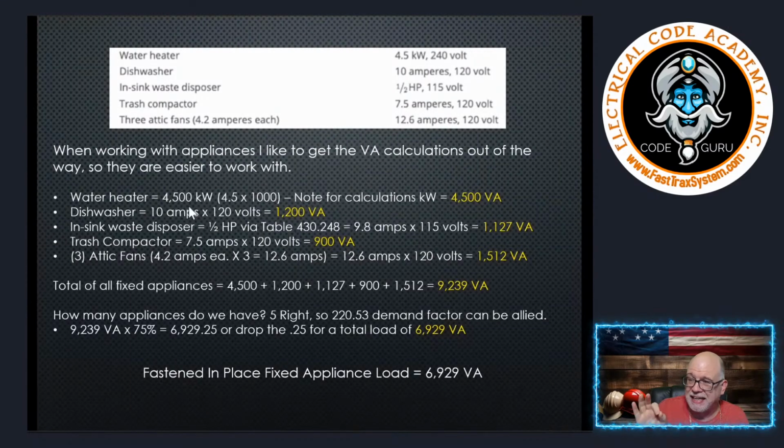And so that's why I leave some of these things in here for my students so I can elaborate on it. That would not be accurate. That's 4,500 watts, not 4,500 kilowatts. Okay, so I like to leave little things to make you aware of that. So that right there would be wrong. That would be watts. But in order for you to convert this, you would just take the 4.5 times 1,000, and that's how you get 4,500 watts, okay?